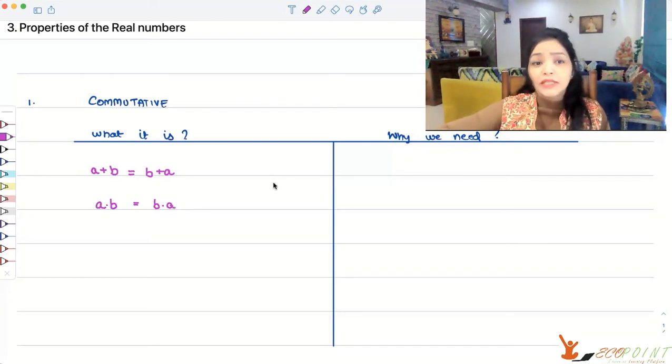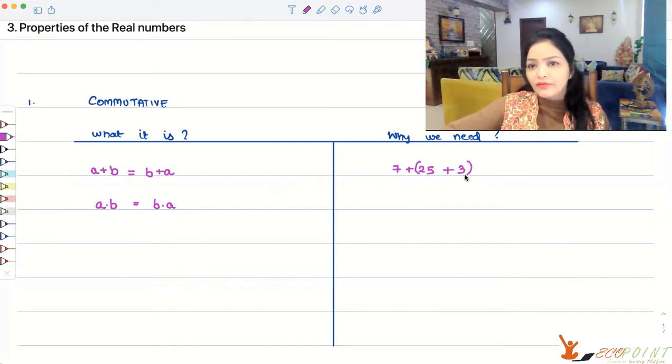And why do we need it? We need it to simplify your additions and operations, so it's important that we know this property. For example, suppose you have to add 7 plus 25 plus 3.